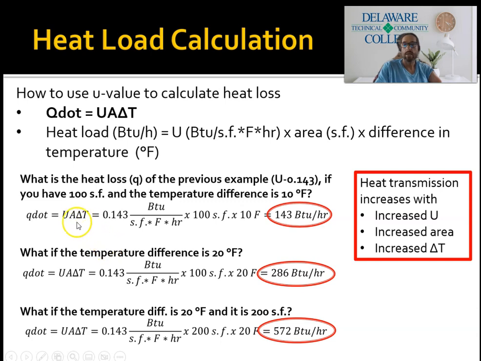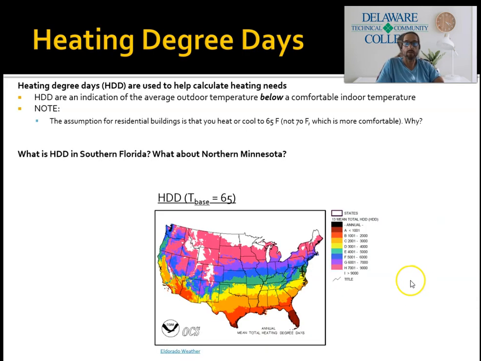If I have a U factor of 0.143, 100 square feet, 10 degree temperature difference, it's just those three together, UA delta T, 0.143 times 100 square feet times 10 degrees. There it is. If I increase to 20 degree delta T, you can see my BTU per hour goes up. If I increase to 20 degrees and increase the surface area, then my BTU per hour goes up again. So again, heat transmission is going to increase with increased U, increased area, increased delta T.